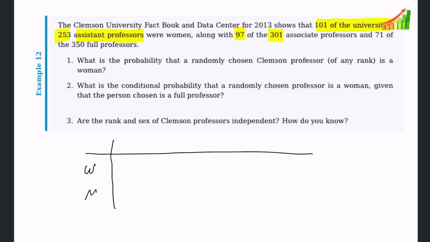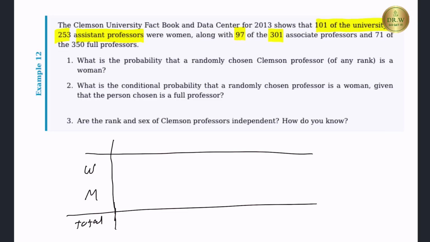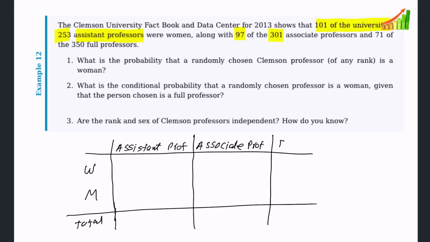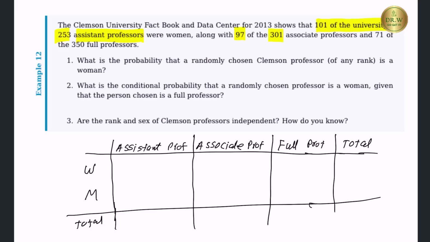Women and men. Then I use total here. How many categories of professors do we have? We have assistant professors, associate professors, and the last one, full professors. Then let me add another column. I say total. Now 101 of the university's 253 assistant professors were women.